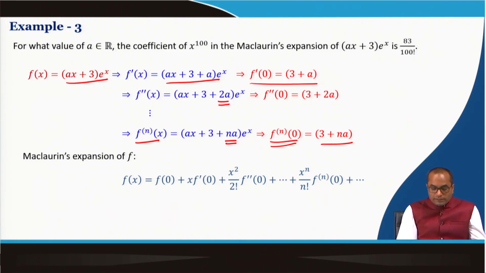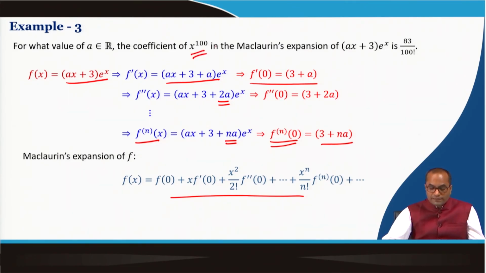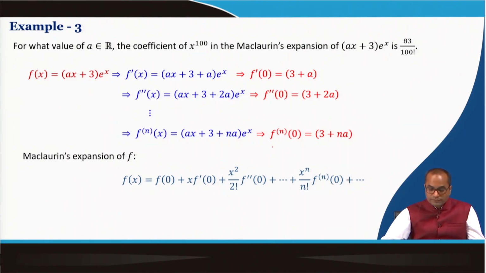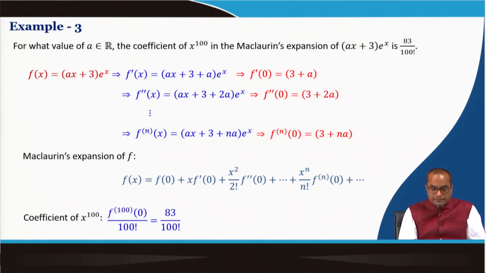Now we can write down the Maclaurin expansion, and it is given that the coefficient of x to the power 100 is 83 by 100. We know the coefficient of x to the power 100 will be 1 over factorial 100 times the 100th derivative at 0, which we can easily find from here. So comparing, f^(100)(0) over factorial 100 is given as 83 by 100.